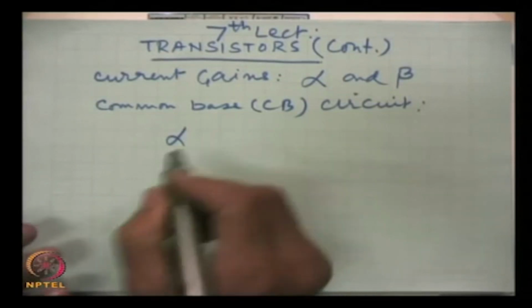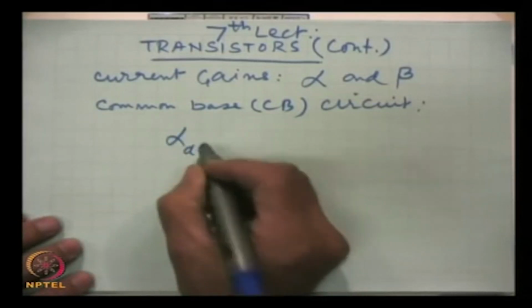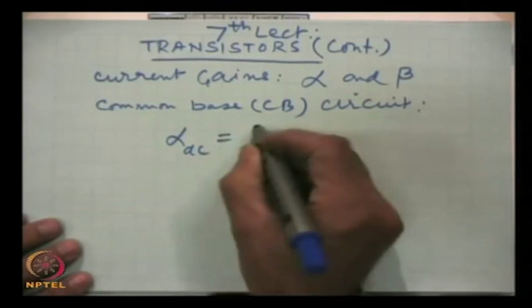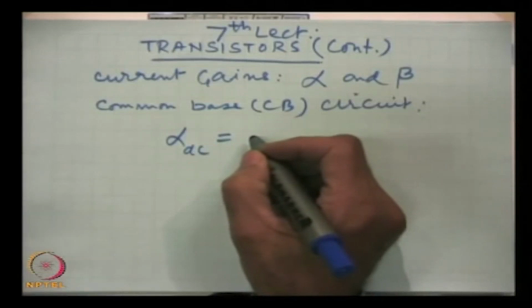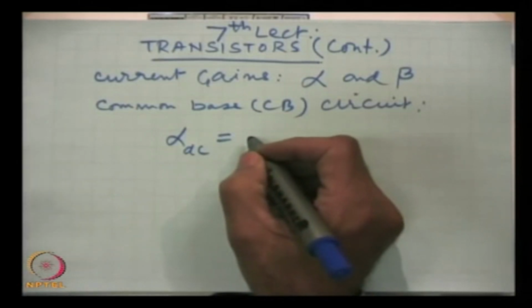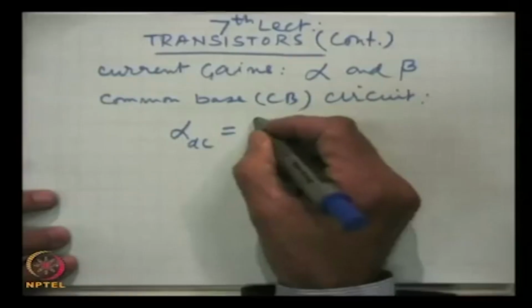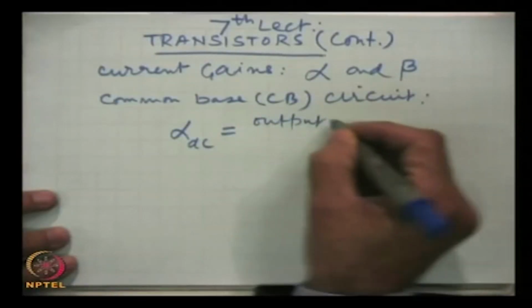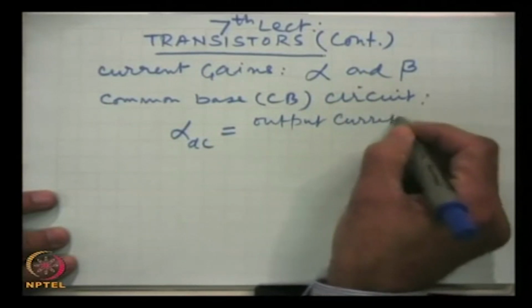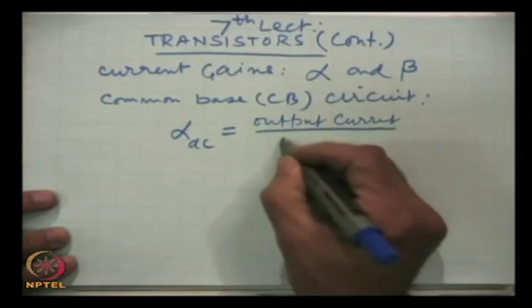So, we define alpha DC as the ratio of, as I said earlier, for gain the fundamental definition remains the same, output versus input. When we talk of current gain, then it is output current to input current.